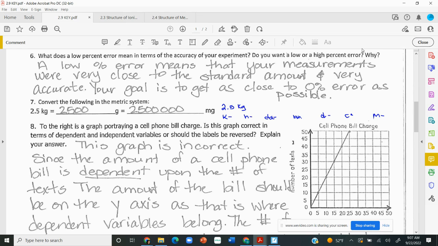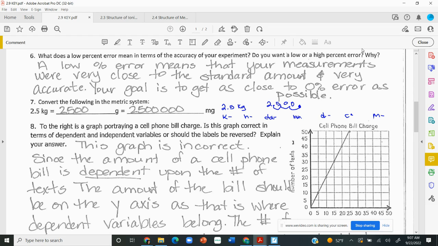You just simply need to know how to use it. So here I'm going from kilograms to grams. My decimal is right here. I'm going to count how many spaces I need to go. I need to go 1, 2, 3 to get to grams. So I'm going to move my decimal 1, 2, 3, and I'm going to fill in those blanks. And that's how I got 2,500.